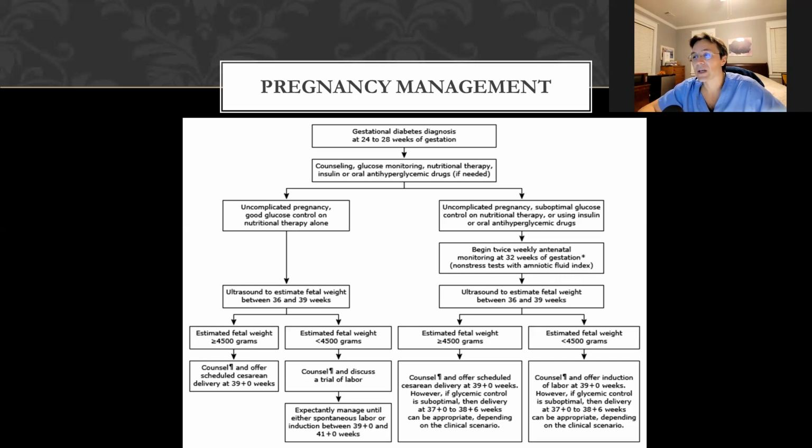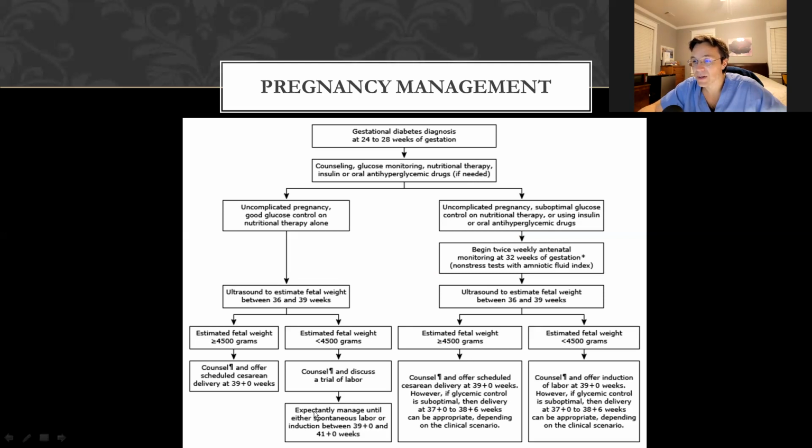And then we go back to a standard ultrasound closer to the delivery at 36 and 39 weeks to evaluate where we stand. And again, we're checking the weight. We want to make sure the baby is not greater than 4.5 kilos. And that's pretty much it.